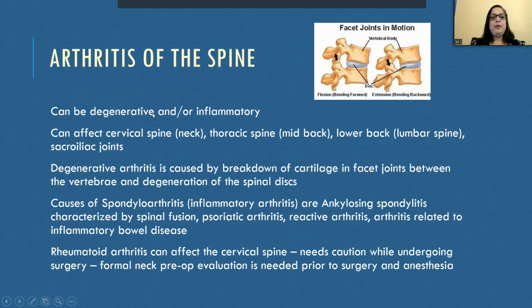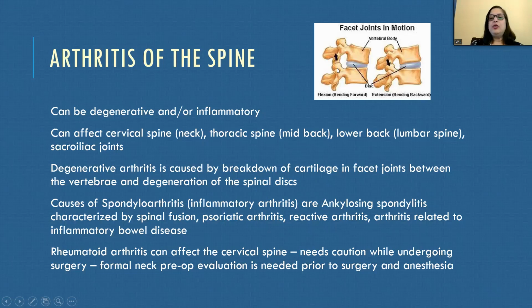I want to take a brief moment here and talk a little bit about arthritis of the spine. As we've seen before, I mostly showed you pictures of the peripheral joints, but I just wanted to briefly discuss the anatomy of the spine, where there are vertebral bodies, and the joints are called facet joints, and also there is a cartilaginous disc which acts as a shock absorber.